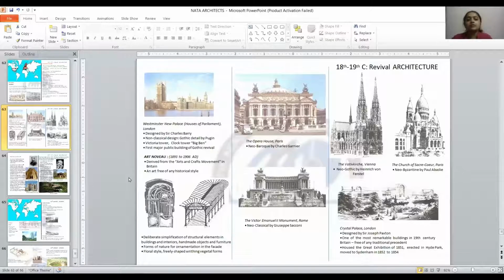Every combination of decorations was done here, so it was not particular to any movement. It had imitations of nature, floral style, etc. The Opera House in Paris is a neo-Baroque architecture style. And you have the Crystal Palace in London, which was designed by Sir Joseph Paxton, a famous architect.